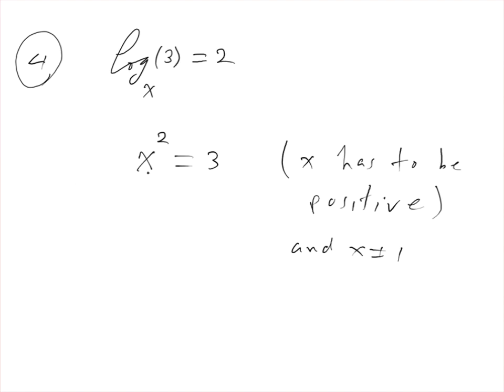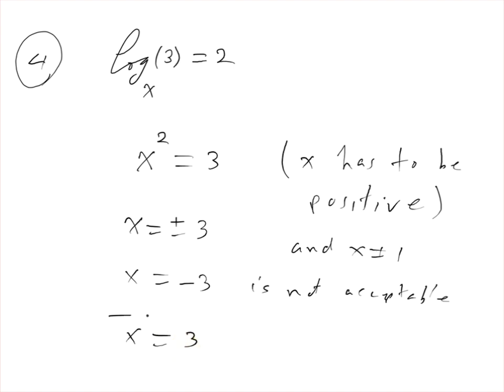So here, when you take the square root of both sides, you get x equals plus or minus 3, but x equal to minus 3 is not acceptable. So therefore, x equals 3 is the answer to that problem.